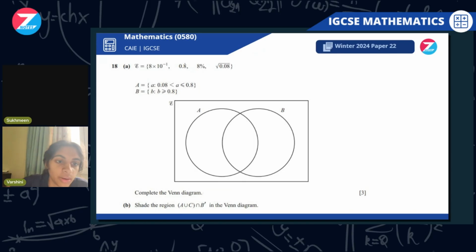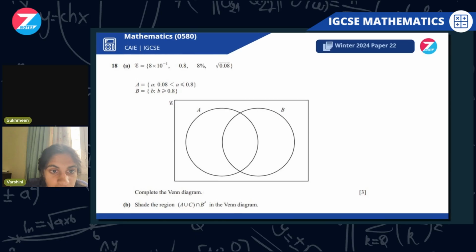Okay, question 18. So we know that these are all the elements in the set: 8 into 10 to the power minus 1, 0.8, 0.8 with a dot over it, so it's going to be 0.88888, 8%, and root of 0.08.